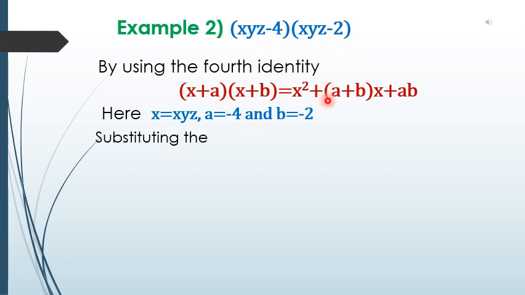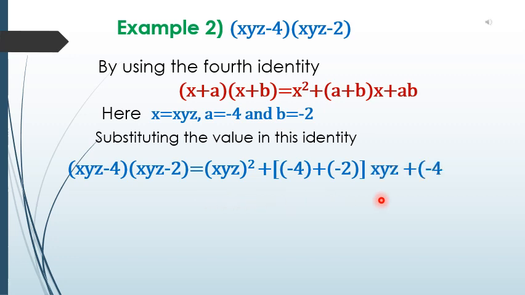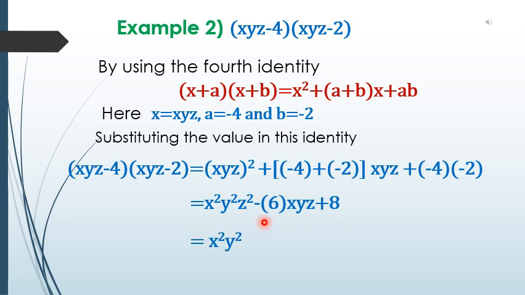Now substituting the value, xyz whole square plus (minus 4 plus minus 2) into xyz plus minus 4 into minus 2, which is equal to x square y square z square minus 6xyz plus 8. This is the answer.